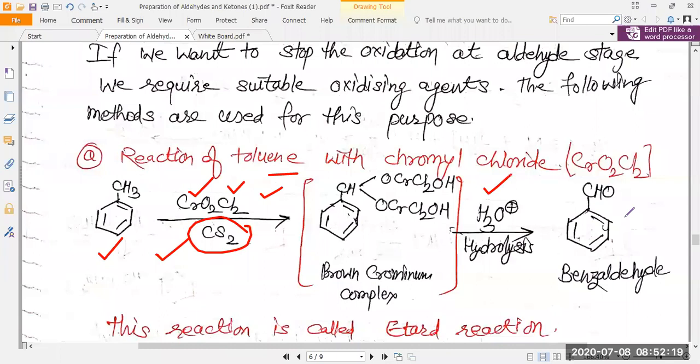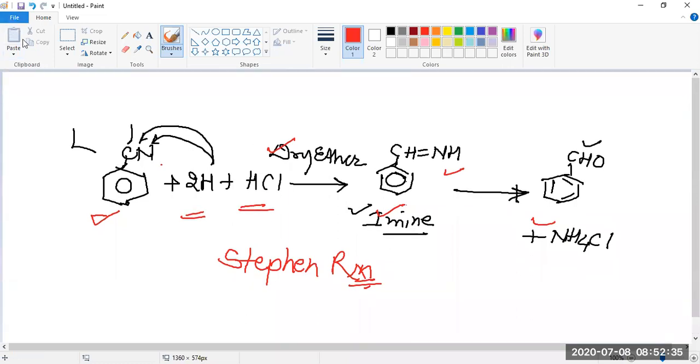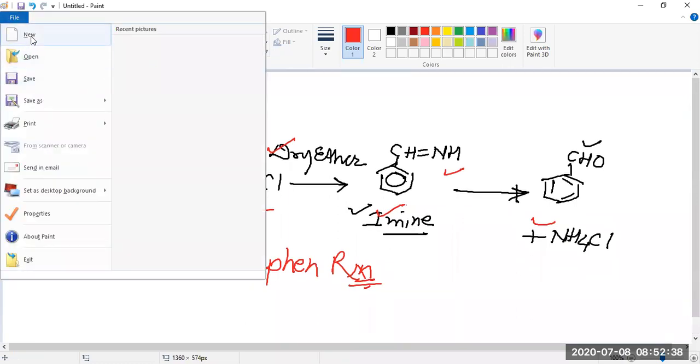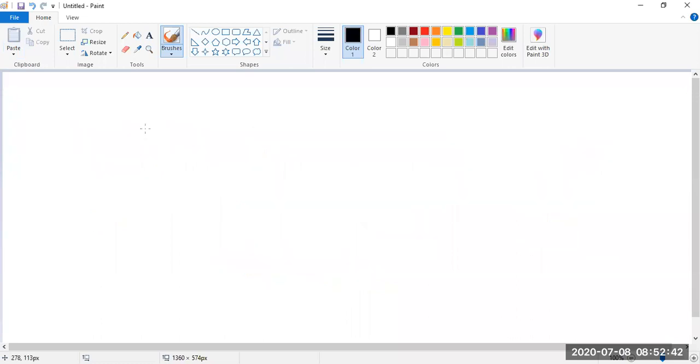So I am describing this reaction. Reaction of toluene with chromyl chloride.